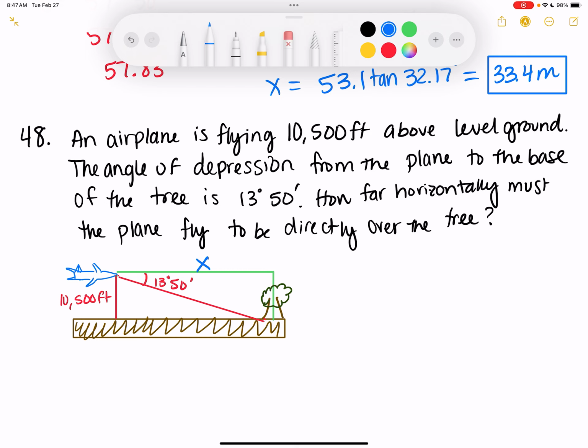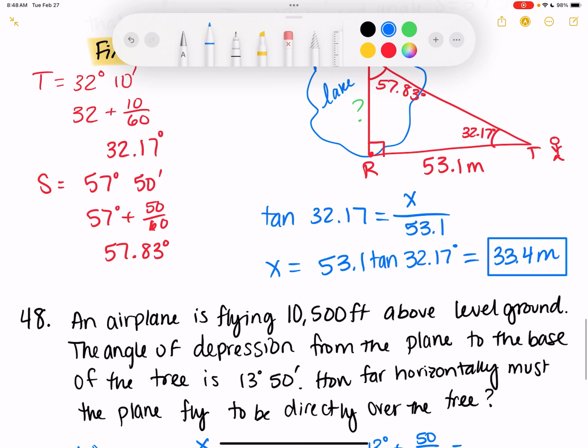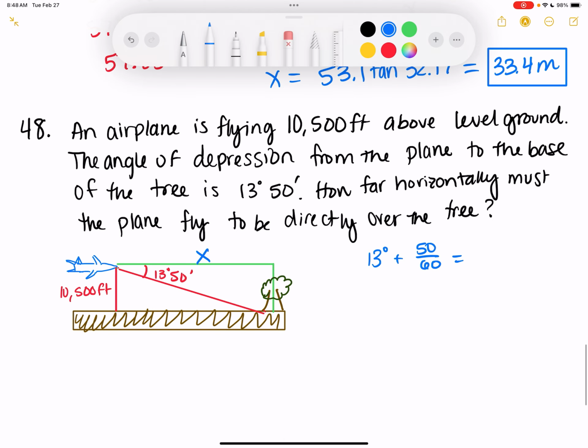So what do I need to do first? What's going on with my angle? You have to put it in a decimal. Yep, put it in decimal. So 13 degrees plus 50 over 60, which was 0.83 before, so 13.83.